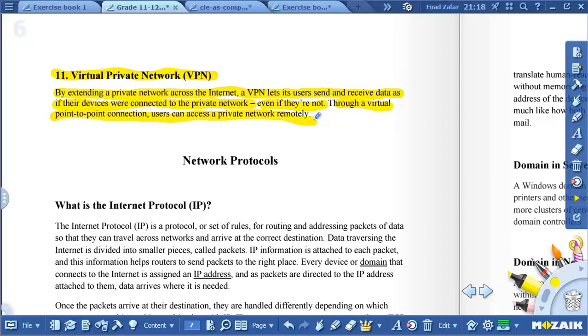That means it's a virtual, an artificial network, I would say, to make it easier for you to understand. For example, if I'm in Libya and I get connected to a VPN and a private network from Holland or from the UK, it will be like I am using an internet connection from the UK or from Holland.